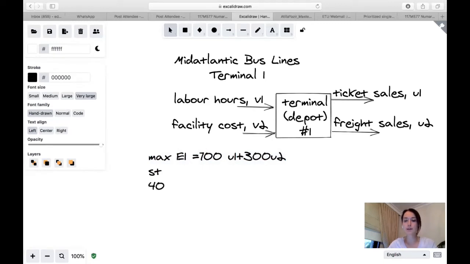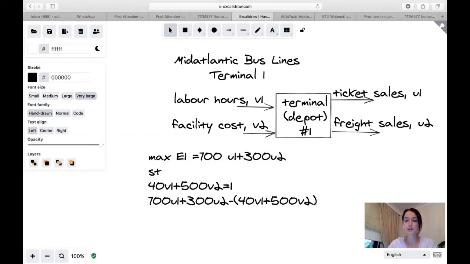These 40 V1 plus 500 V2 should be 1. And for depot 1, we should write the efficiency ratio constraint. 700 U1 plus 300 U2 minus 40 V1 plus 500 V2 should be less than or equal to 0.